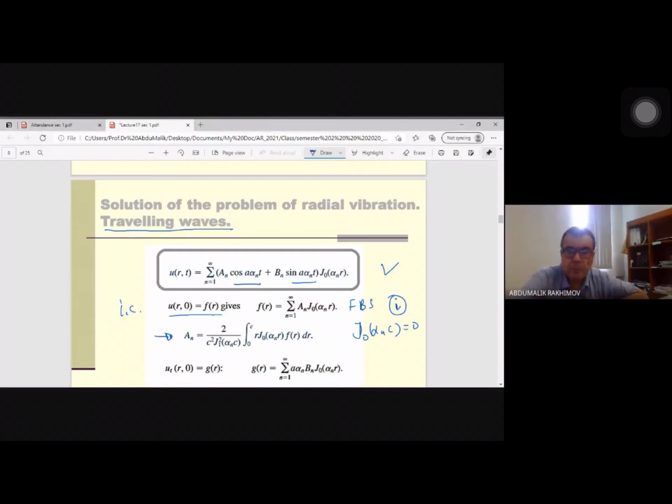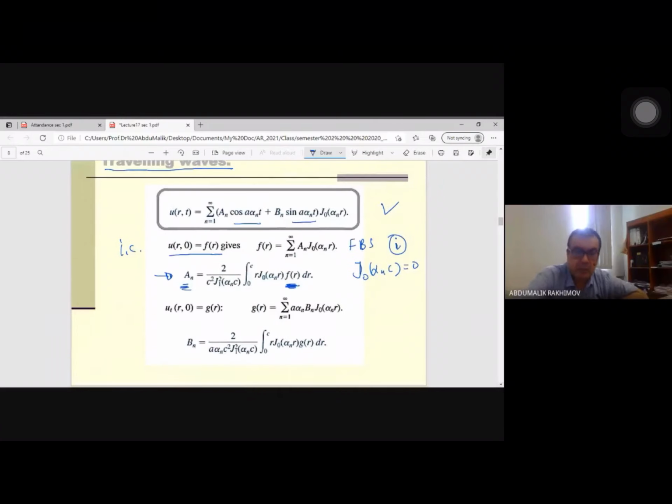Okay. Then in order to find the B coefficients, note that the A coefficients we find through f. So the function f helps us identify the A coefficients, right? To find the B coefficients, we use the second initial condition, this one. It means you need a derivative.